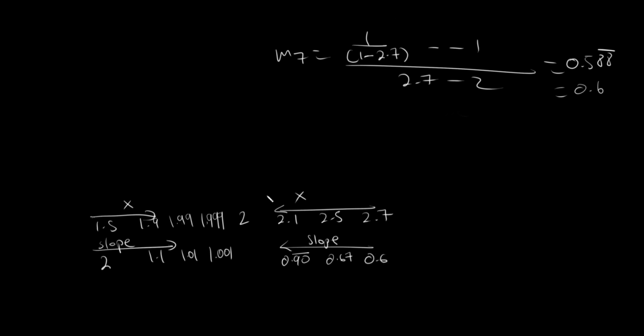Can you guess what is the slope for 2? Yes, in fact, we can all assume that it's 1, right? Because x is approaching 2 from the left, as well as from the right. In a graph, it's basically approaching like this and like this.